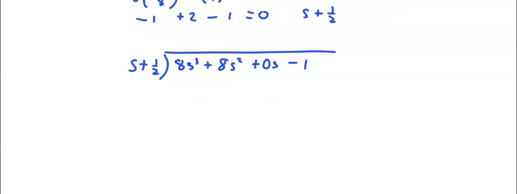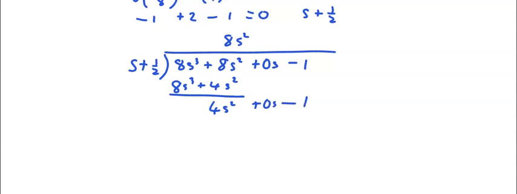And so here I go now with long division. S into 8s cubed is 8s squared, times (s plus a half) gives 8s cubed plus 4s squared, minus, bring down.